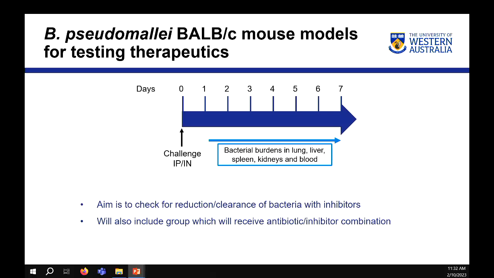So to validate the model, we decided to do 0 to 7 days, and we wanted to see what the bacterial burdens look like in the lung, liver, spleen, kidneys, and blood.